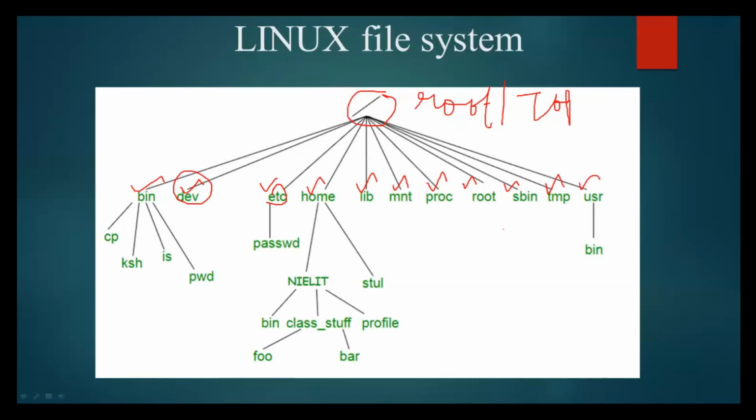Password and protection related information files will be available in etc. Like kinds of authentication, whatever passwords I am using, it may be your admin password or any kind of password, that password related files will be available in etc, that is, in shadow.